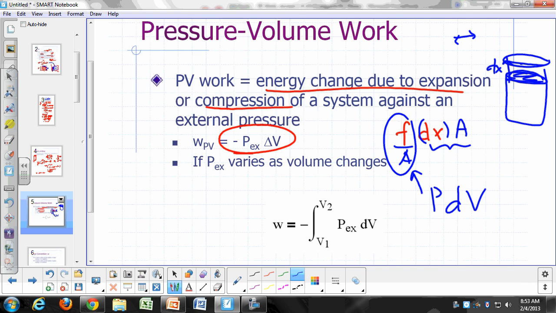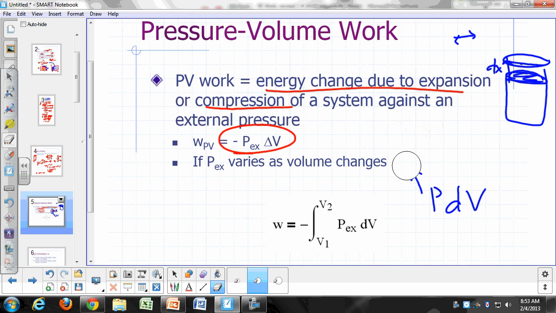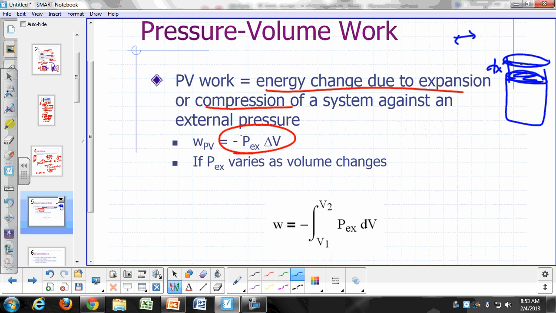Okay? Now, the question is, why is it negative? That has to do with the sign convention, that if a system expands, it's losing energy, so work has to be given a negative value. Now, in older textbooks, and I think chemical engineering textbooks still use the opposite convention, work there is defined as the amount of energy that the system is losing by doing work.